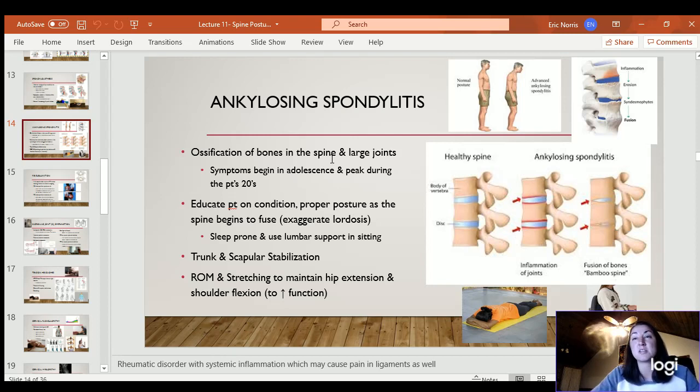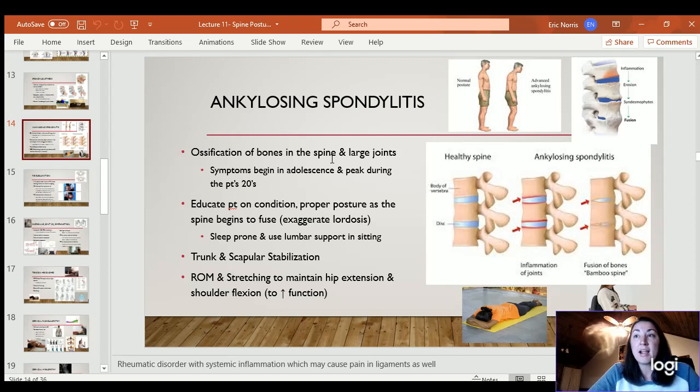They may also have pain in their ligaments. Typically, this type of disorder would start early on, like in adolescence, and peak during their 20s. So it may be a child that you're educating on these things.